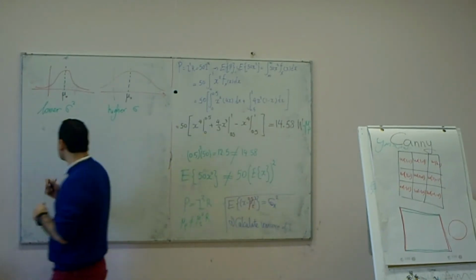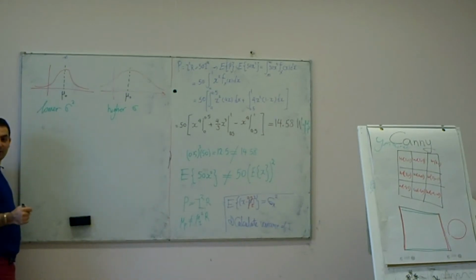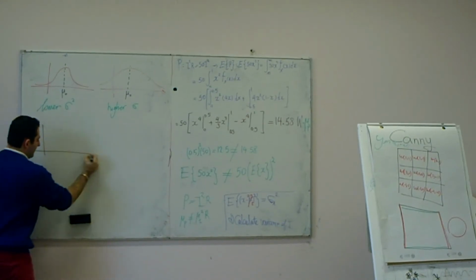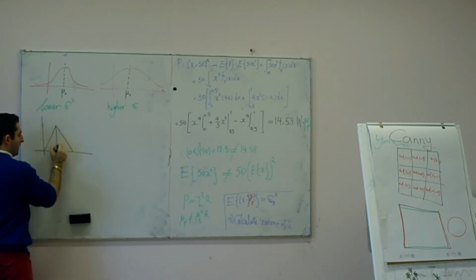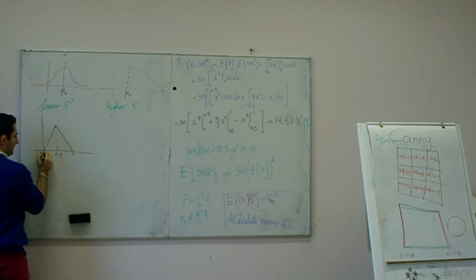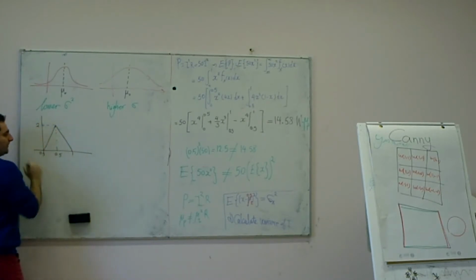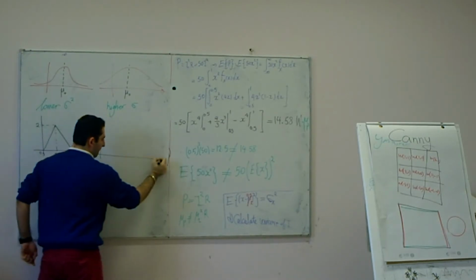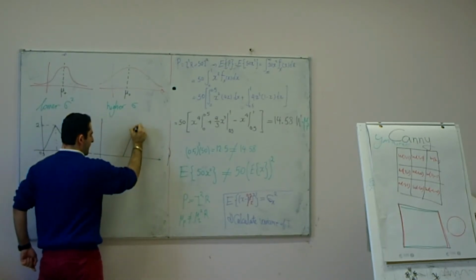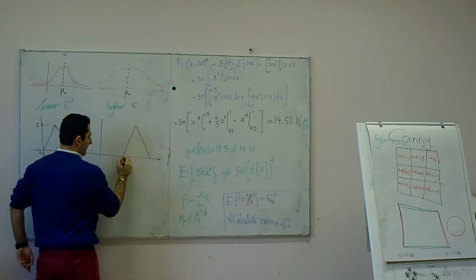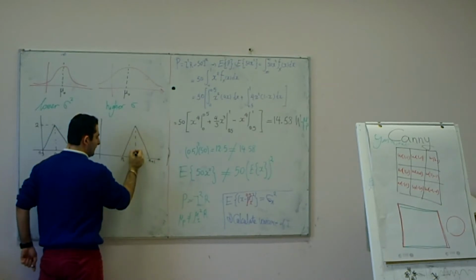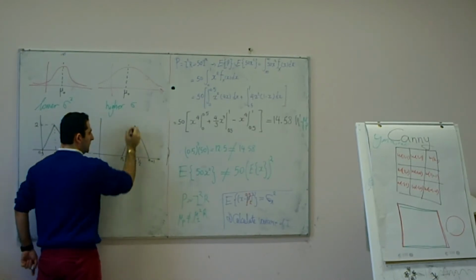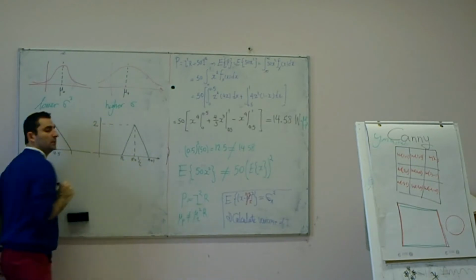What I mean is, remember our current example? We had a current example: 0.5, 1, and this was 2, and n plus 1 over 2.